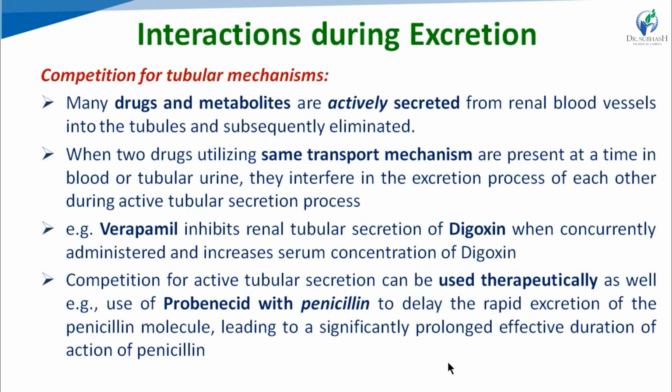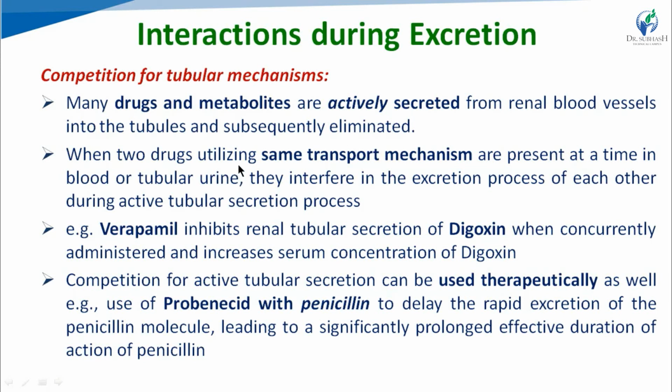Then competition for tubular mechanism. See, many drugs and metabolites are actively secreted from the renal blood vessel into the tubules and subsequently they are eliminated. मतलब कोई drug या metabolite है, they are actively secreted in the renal blood vessel and then afterwards it will be eliminated.